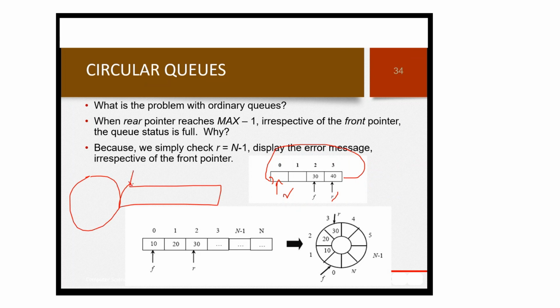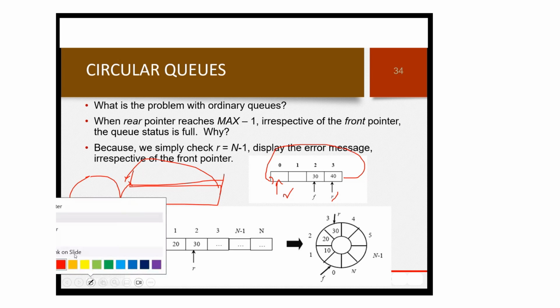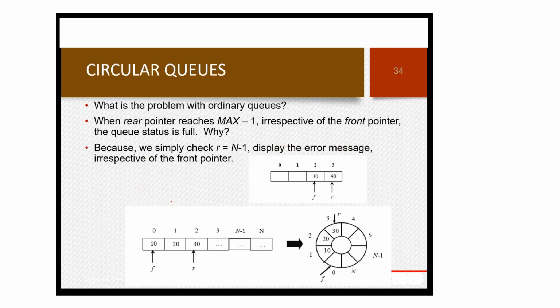Means you start at this point, then you'll get a dead end? No, you can travel back. Similarly, here in circular queue, you can actually travel back or reset it back to the front. So you can consider this queue is in a circular form.